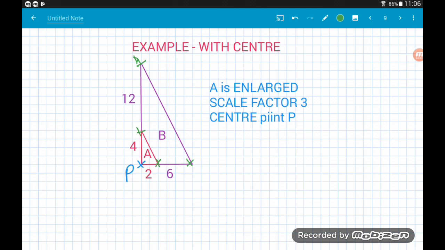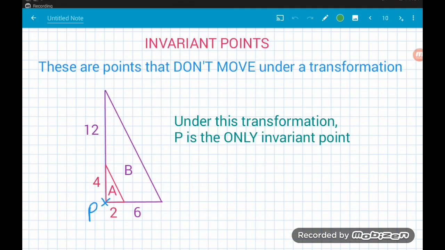Okay, so now we just need to talk a tiny bit about what an invariant point is. The good news is invariant points are incredibly simple. They're pretty much what they sound like. An invariant point is any point on a shape that does not move during a transformation.